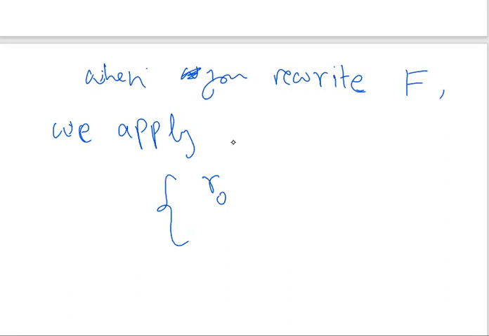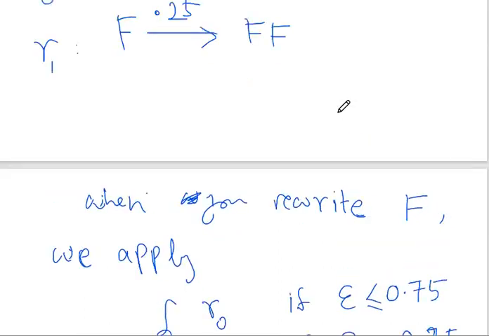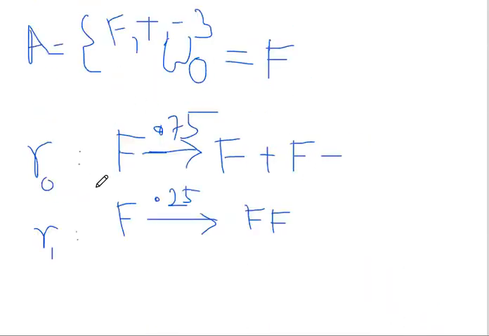I will define my random number as epsilon. If epsilon is less than or equal to 75%, I will use rule R0. Otherwise I will use the other rule, R1, if the random number is greater than 0.75.